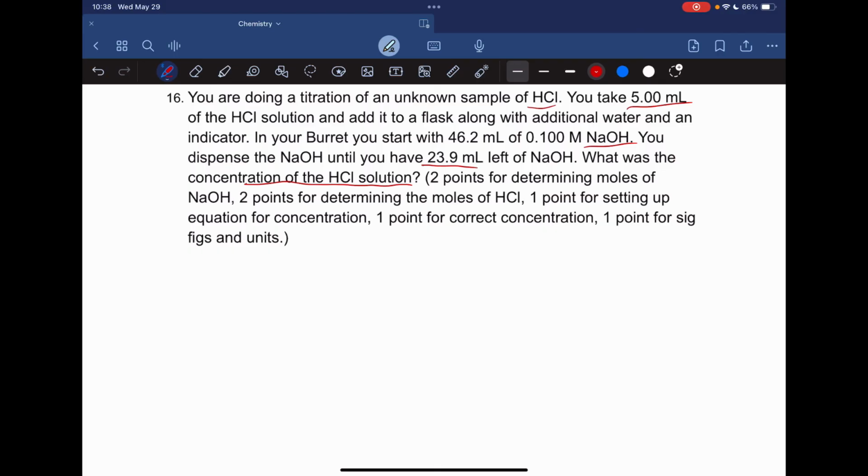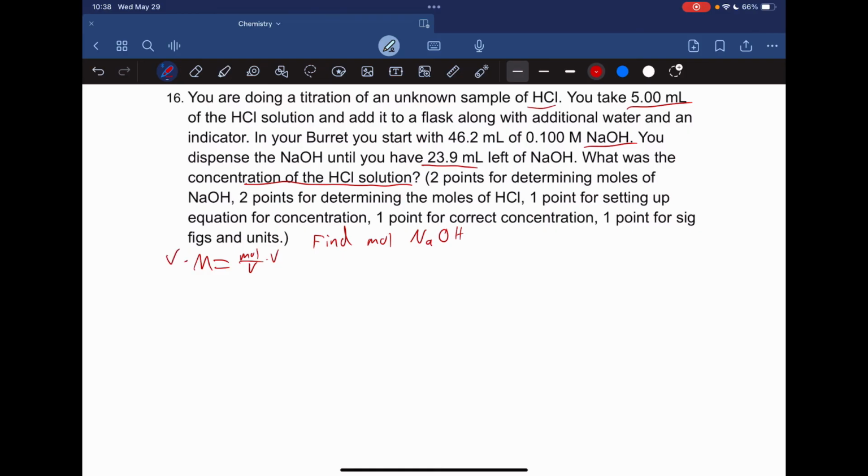To do this, first thing we're going to do is find moles of sodium hydroxide. To do that, we first need to find what the volume of sodium hydroxide is, because remember, molarity is equal to moles divided by volume. So if we want to find moles, we just multiply both sides by volume.